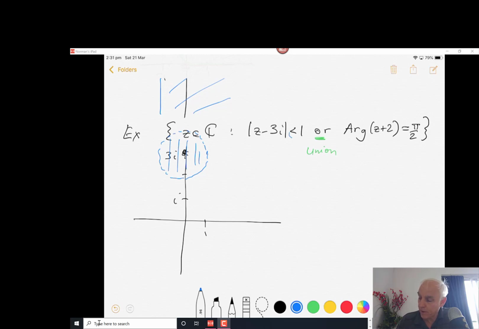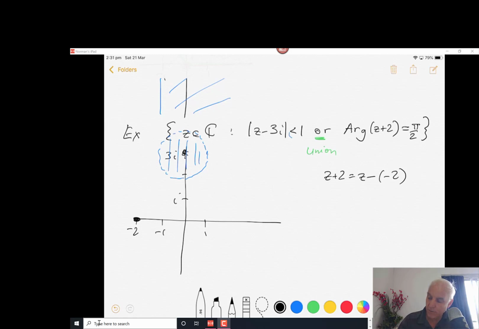So what's z plus 2 referring to? So z plus 2, that's like z minus minus 2, okay? So we should be looking at the point minus 2, which is down here. That's actually a point on the complex plane. So we're looking at all those points z so that the vector from minus 2 to z has an argument of exactly pi by 2.